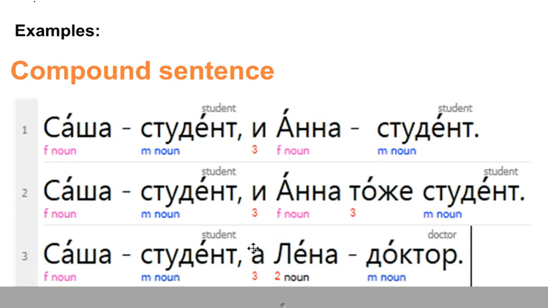So here's a comparison. Sasha is a student, but Lena is a doctor. И gives you a kind of agreement between them, and а is a comparison. You say that Lena is not a student. She is a doctor. Sasha is a student, а Lena is a doctor.